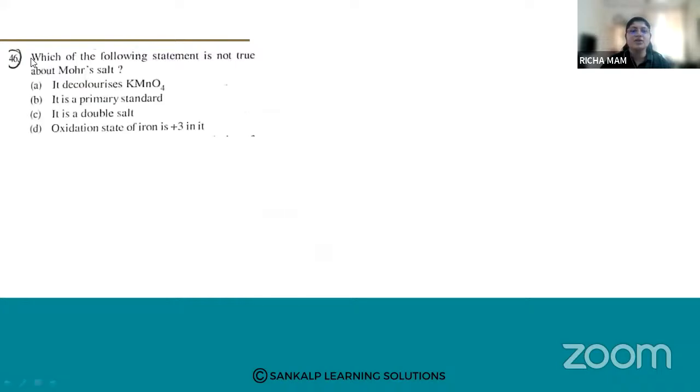Which of the following statements is not true about Mohr's salt? A, it decolorizes KMnO4. B, it is a primary standard. C, it is a double salt. And D, the oxidation state of iron is +3 in it. So which is not true about Mohr's salt? What is Mohr's salt?